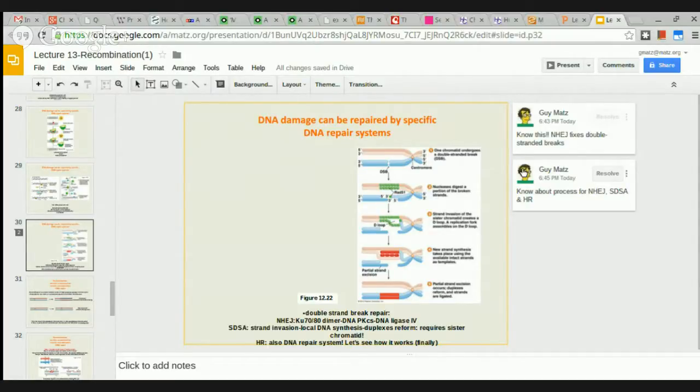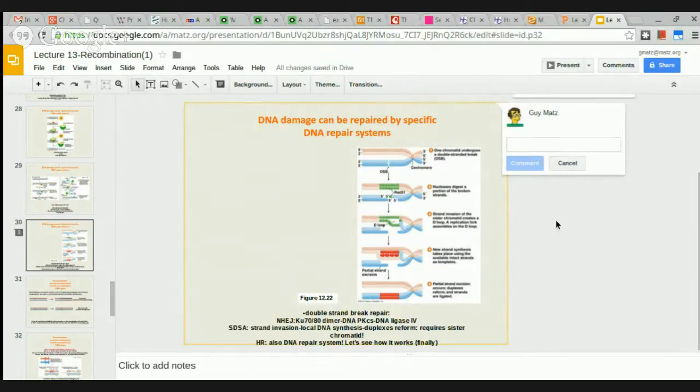The system goes along with active additions and subtractions of nucleotides at the end. Ku actually chews a little bit, and there are additions of a few nucleotides.